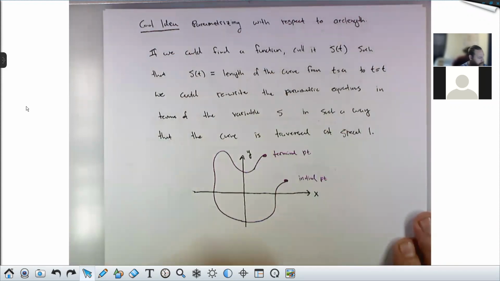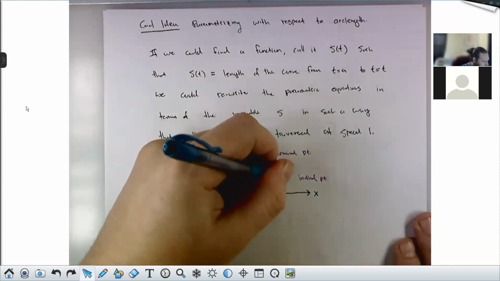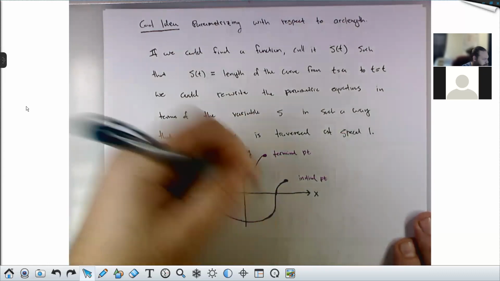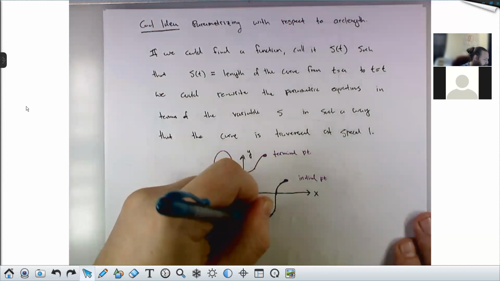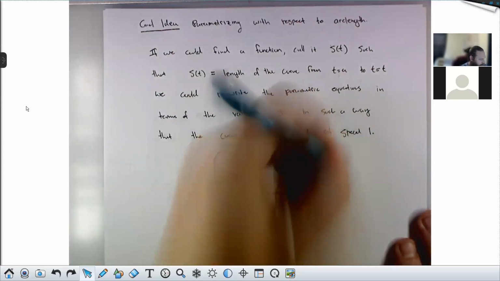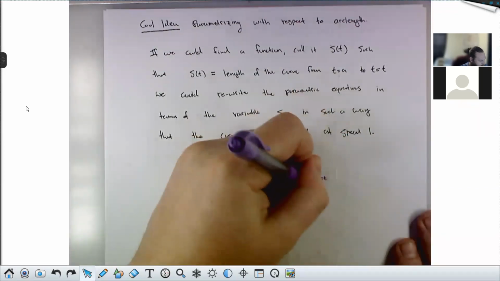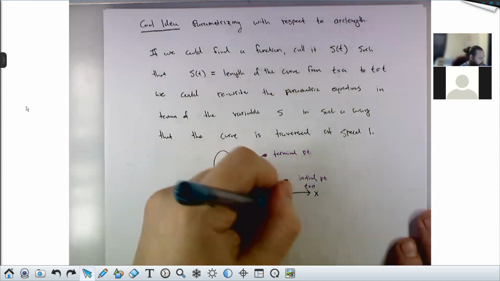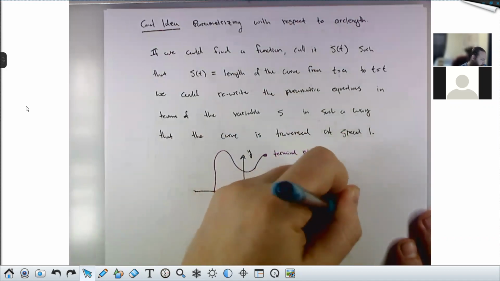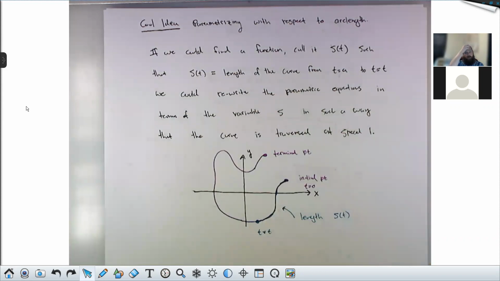What I'm after is a function that, you pick your favorite arbitrary t value, over here the initial point comes from t equals 0, I want a function that gives me this length as a function of t, just the piece that I've traced over there in the green pen.